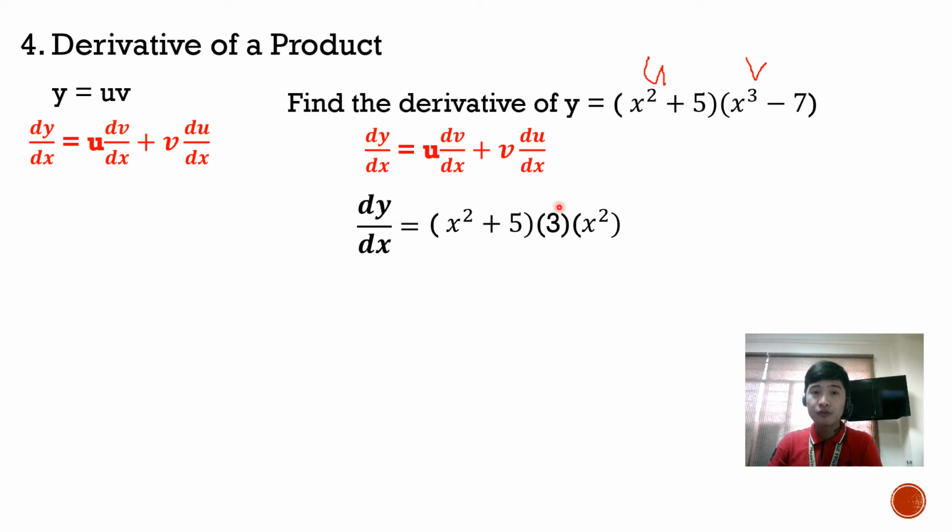3, baba mo yung 3, kasi nga power, multiply to the function x, and then raised to 3 minus 1, kaya naging 2 na lang to. Okay? Binaba natin yung 3 times x, and then 3 minus 1, kaya siya naging 2.